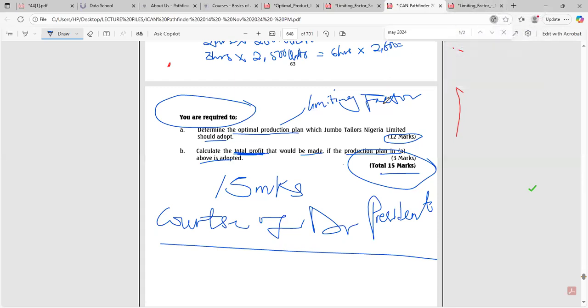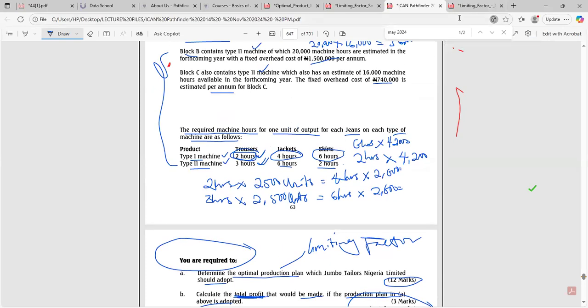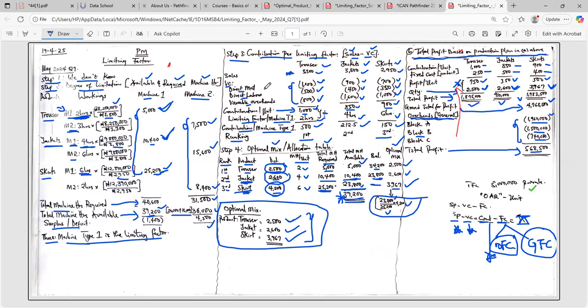When we are solving a question on limiting factor, we should pay attention to the quantity per unit and not the total. When you are solving your contribution per limiting factor, everything you are using there is per unit: the selling price per unit, the variable cost per unit.